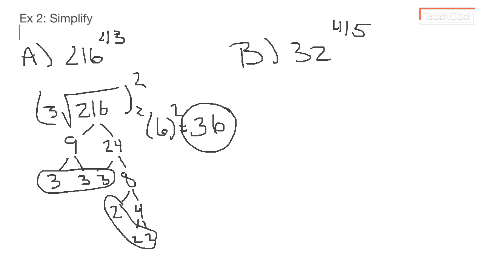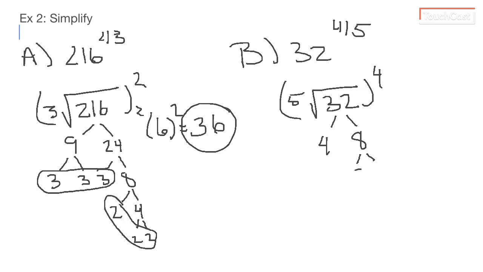Now in B, we're taking the fifth root of 32, and we're going to raise that to the 4th power. So first let's break 32 up. I know 32 we can write as 4 times 8, and 8 is 2 times 4, and both 4's can break up into 2 times 2.